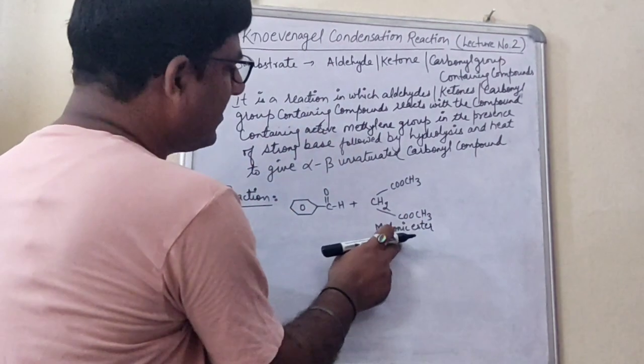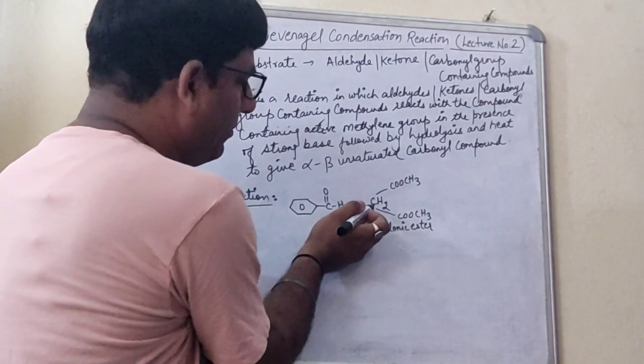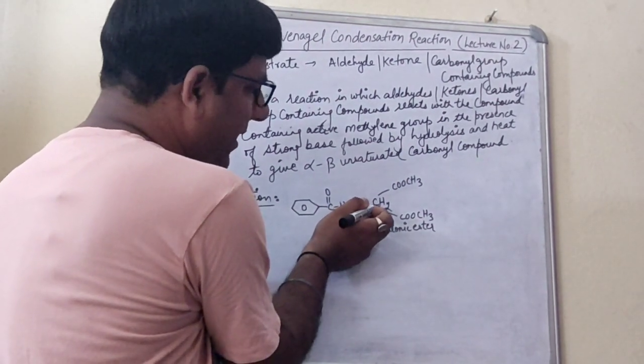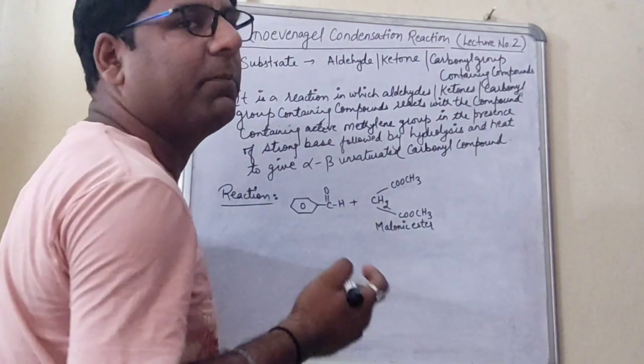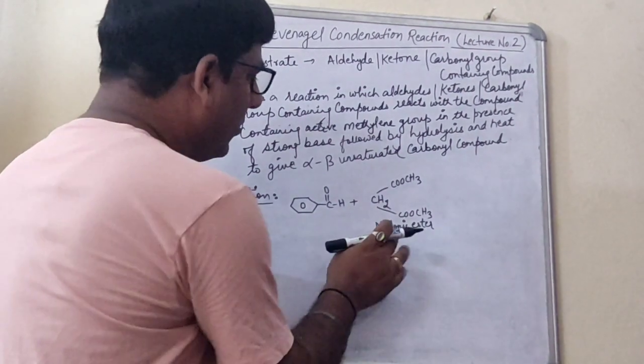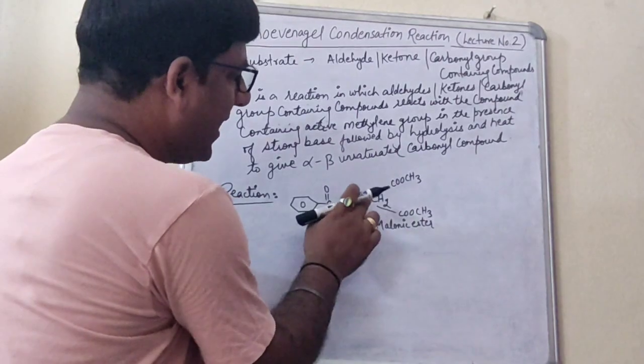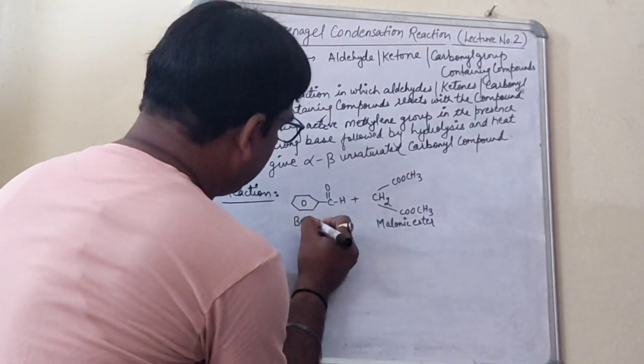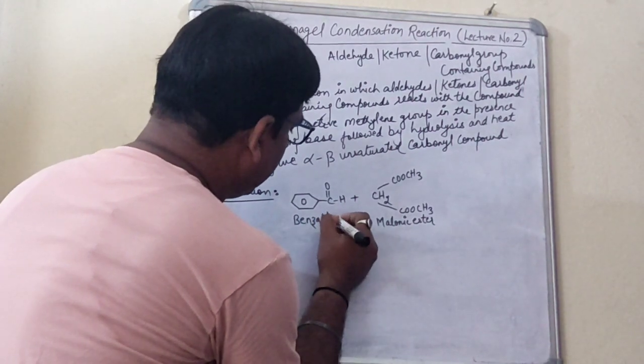Now in this malonic ester, this is the active methylene group, and the two hydrogens of this methylene group can be easily replaced. Okay. Now this is the malonic ester that contains the active methylene group, and this is the benzaldehyde we have taken.